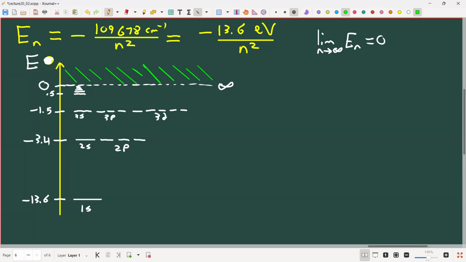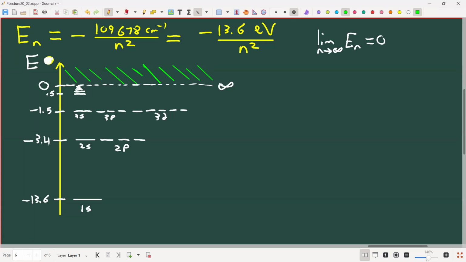So having a negative energy means that there is an attractive potential to the electron, meaning that it takes positive amounts of energy to remove it. So if we're in the 1s orbital, which has minus 13.6 eV of energy, that means it takes 13.6 eV of energy to remove the electron. Not surprisingly, if we were in 2s, it would take 3.4 eV to remove the electron.